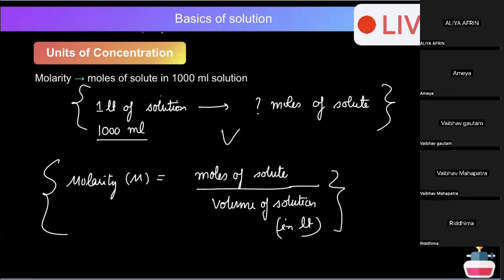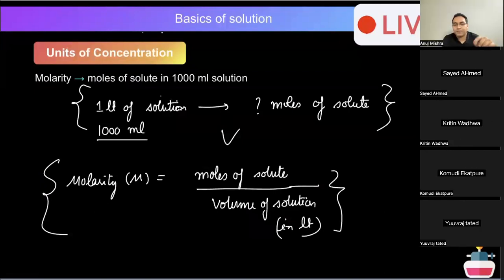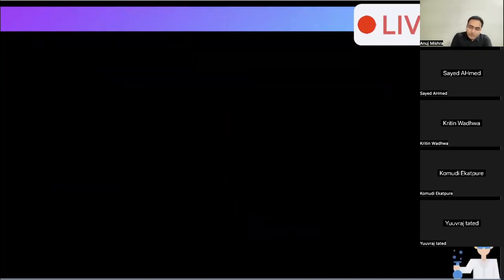Okay. Very good. Right. So this is clear. Let us apply this to the question that we were solving earlier. The question was: 90 grams of glucose was mixed with 250 ml of water.